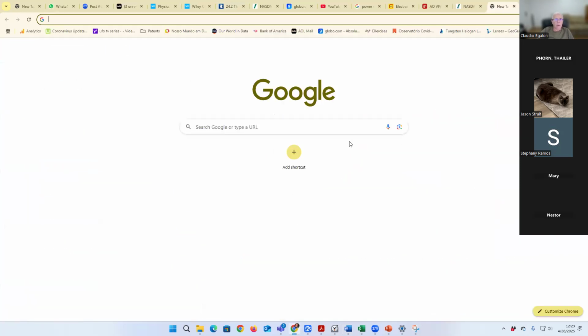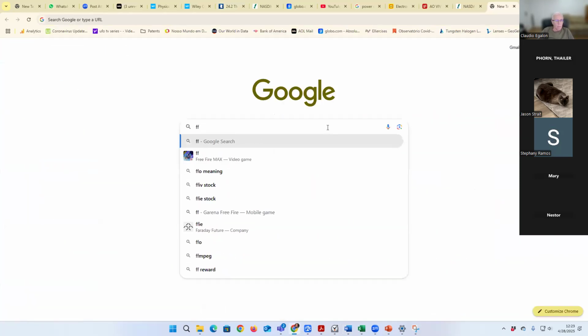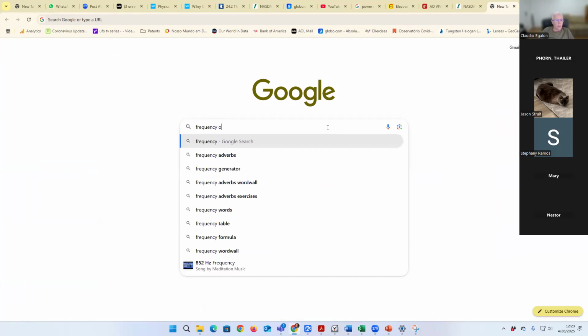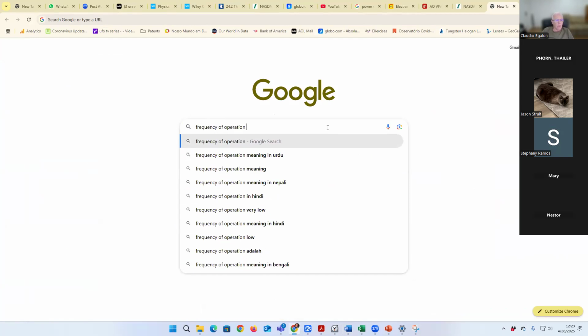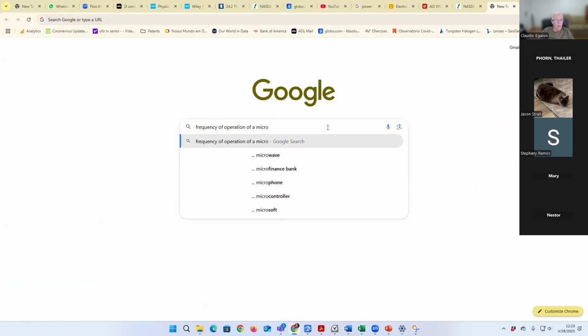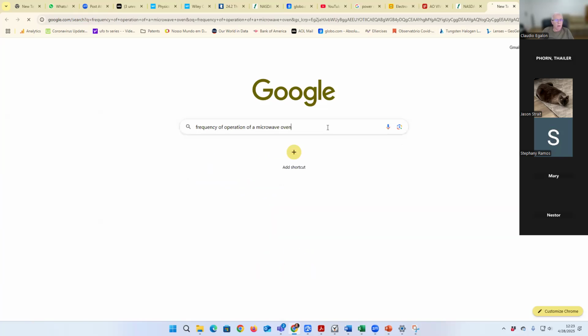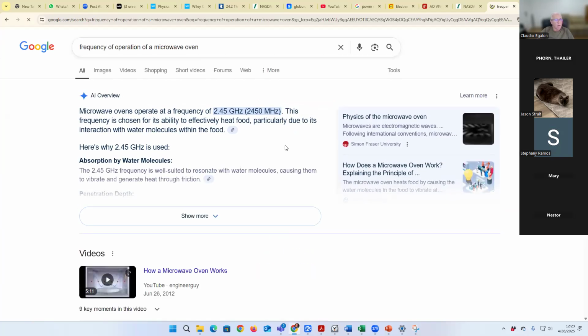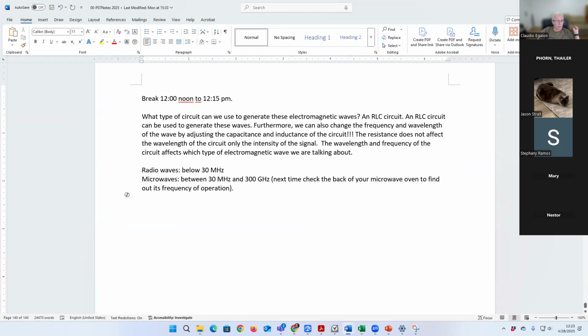Frequency of operation of a microwave oven. Microwave ovens operate at a frequency of 2.45 gigahertz. Let's see if it's within that range. Yeah, it's well within this range of frequency.